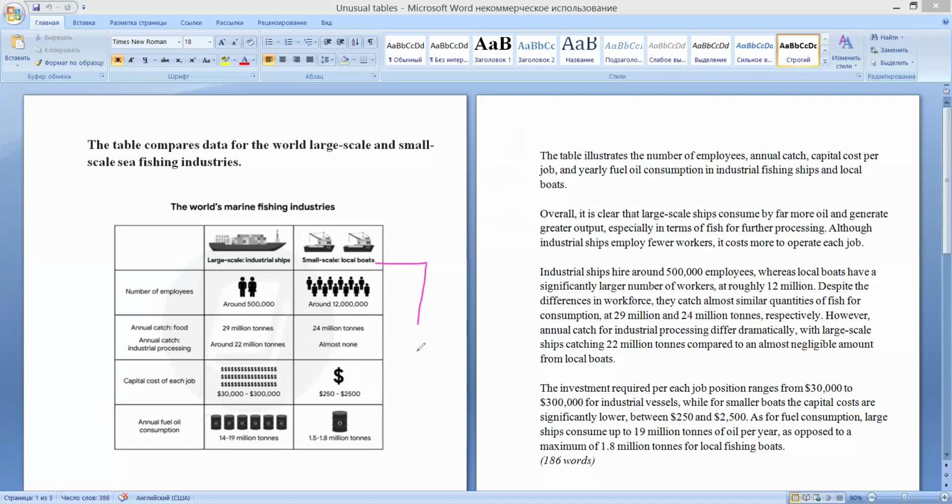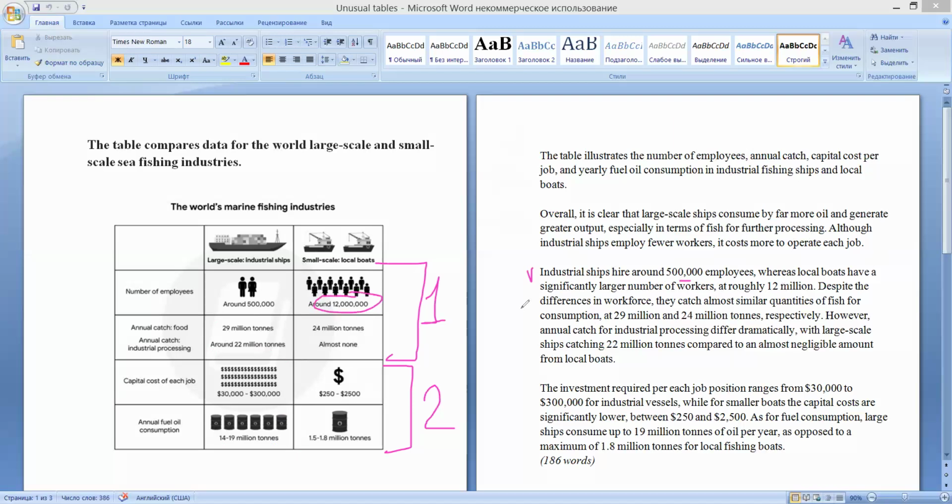And then, as I've already said, we talk about these things in the first body, about these things in the second. Industrial ships hire around 500,000 employees. There's a comma here, it's important. Whereas local boats have a significantly larger number of workers at roughly 12 million. Okay, that's it.